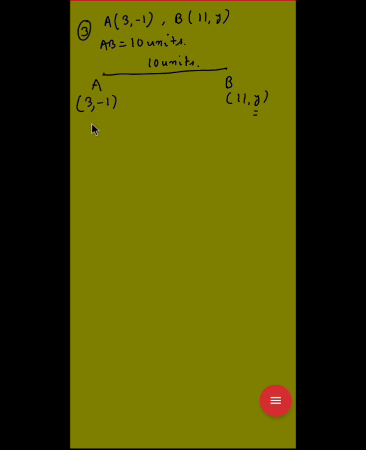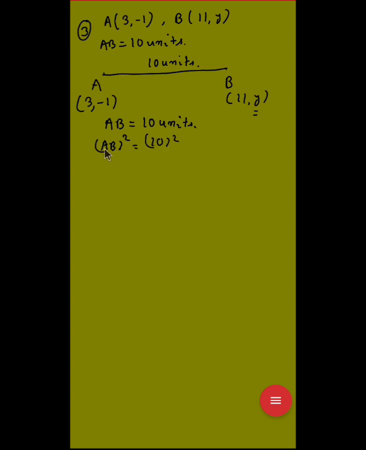So the distance formula: AB is equal to 10 units. So we are squaring both sides, so we have AB whole squared and 10 whole squared.